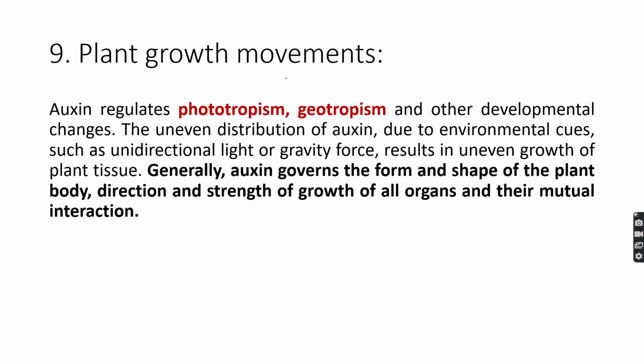The ninth important role is the plant growth movement. In the discovery of auxin also, we have read that it has an important role in phototropism and also in geotropism. So when a seed is there, the shoot part will obviously grow towards light and the root part will grow towards gravity.